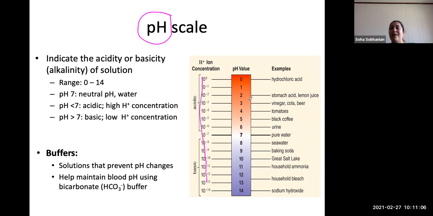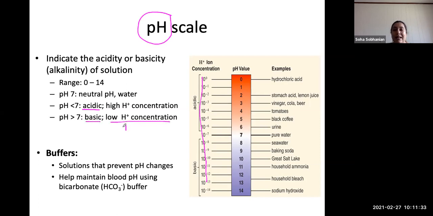Anything below 7, do not include 7, guys, is acidic, which means it has a high concentration of hydrogen ion. Anything above 7, again, do not include 7 itself, all the way to 14 will be identified as basic because it has low hydrogen.